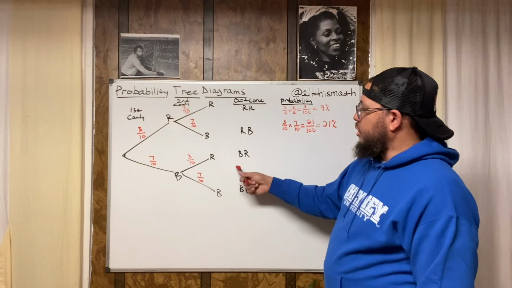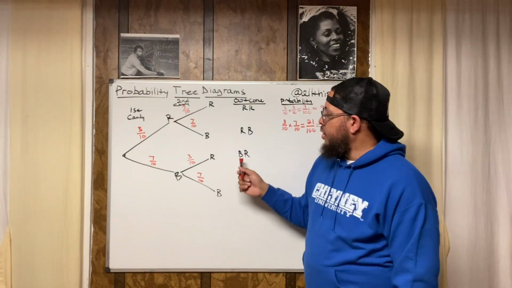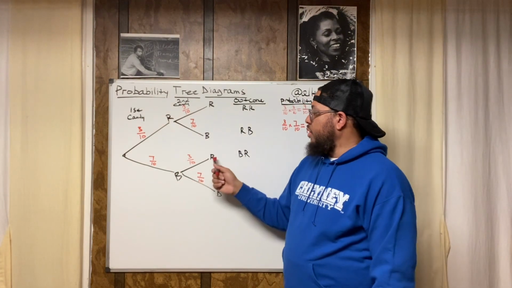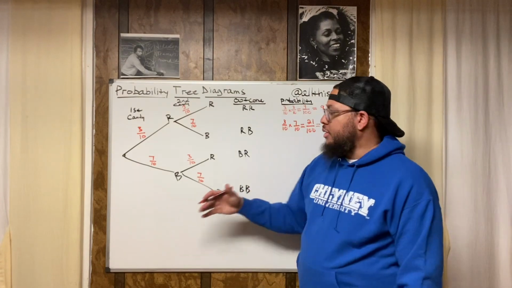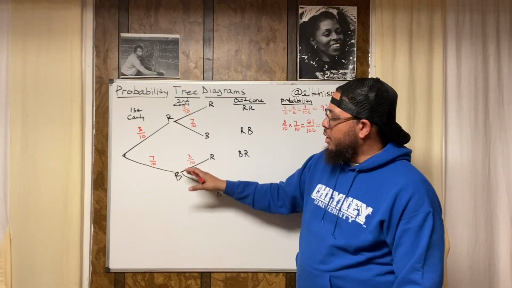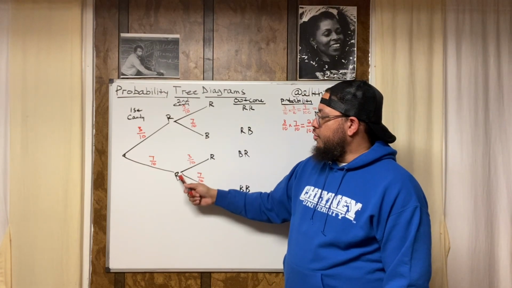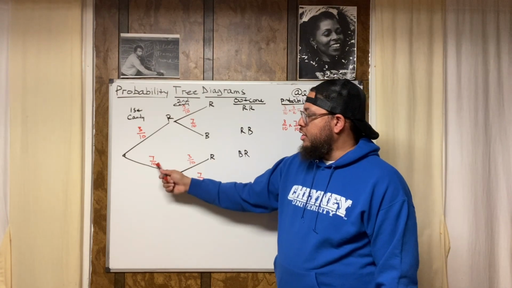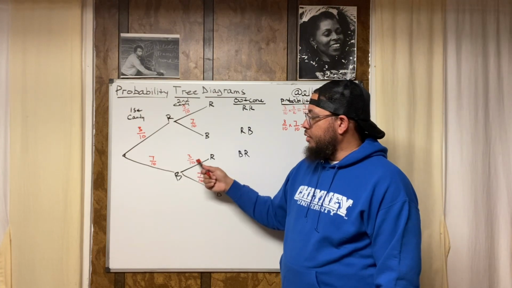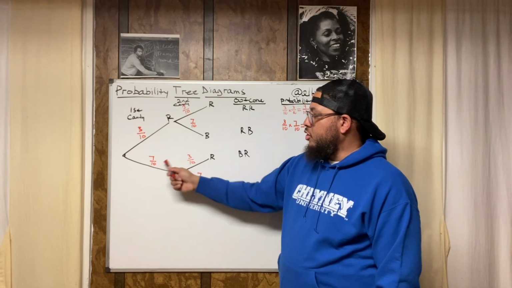All right. Now, what's the probability of pulling out a blue and then pulling out a red? And you also see why tree diagrams can be helpful, because you can visualize it: you start here, put your hand in the bag, pull out a blue. Then from here, pull out a red. So it's a 7/10 chance this could happen. Then it's a 3/10 chance that could happen. So you just multiply these two numbers together.